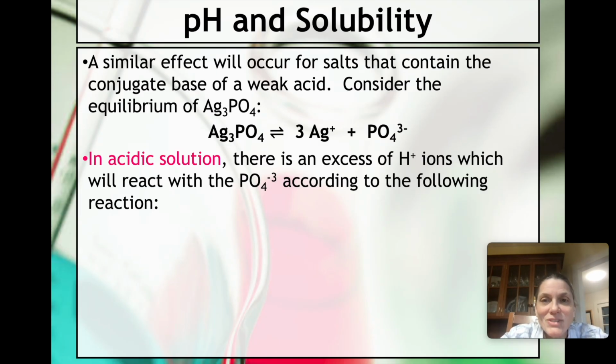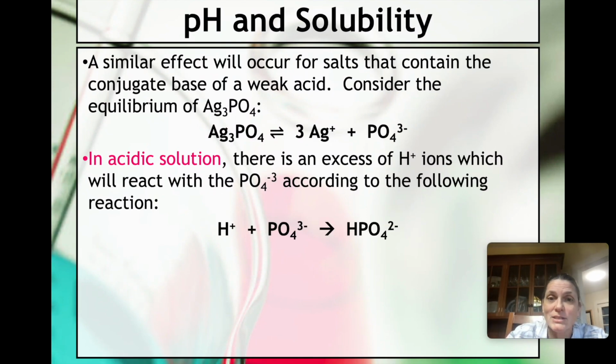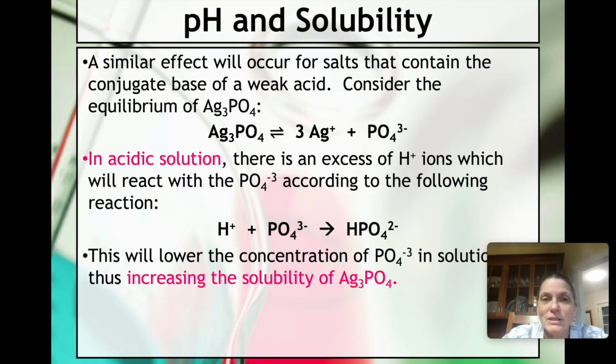When that is dissolved in solution, that PO4 ion will act as a weak base, and so it's going to cause the pH of the system to shift. So these are things to take into consideration when you're dealing with these Ksp problems.